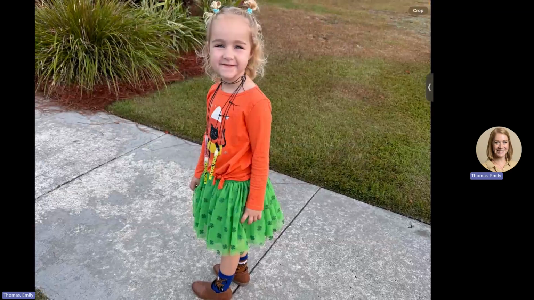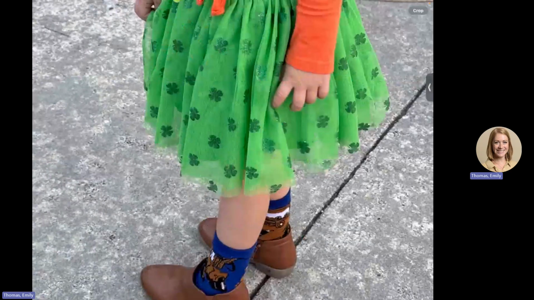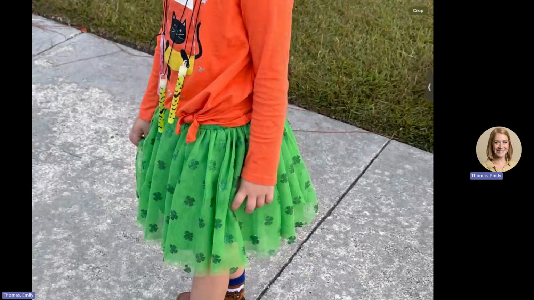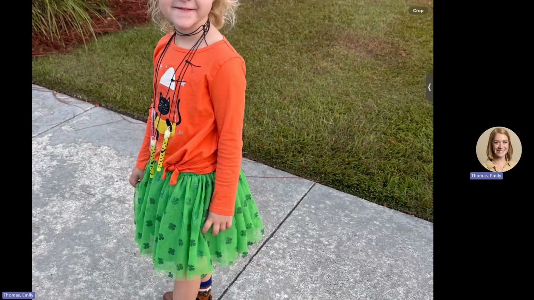Like really though. She's wearing Mater socks and boots. St. Patrick's Day skirt. Glow sticks from last night and her candy corn Halloween shirt.